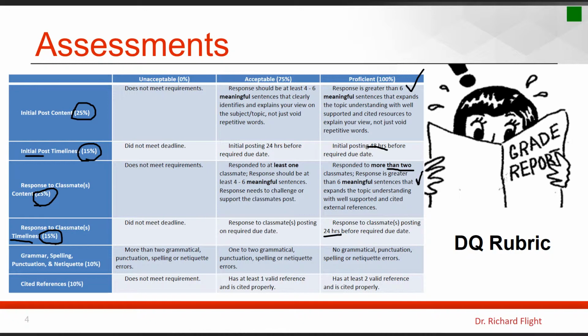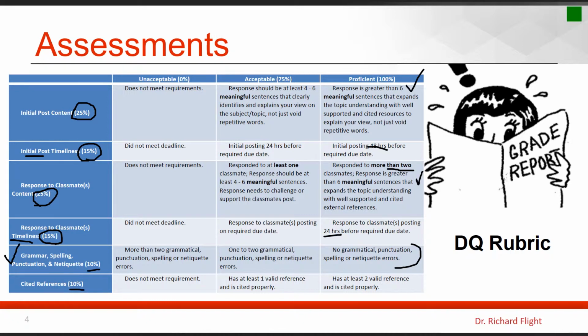If you have weak or incomplete posts, responses or initial posts, you're not going to get complete credit. The other two areas, you need to make sure that you're using good language that is readable and understandable. So grammatical errors are going to be discounted, but only at 10% of your overall grade.